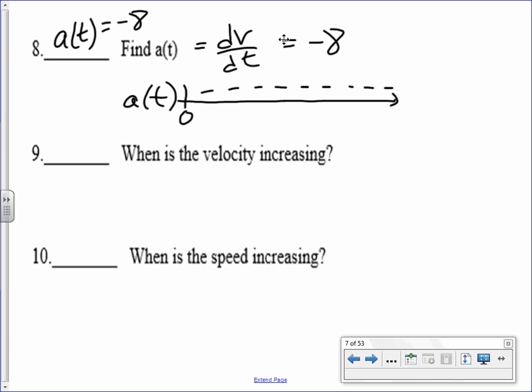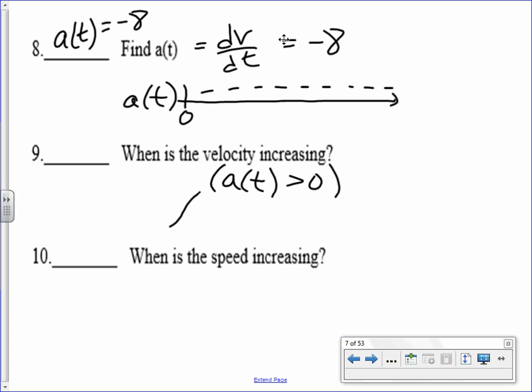So the next question says, when is velocity increasing? Any function increases when its derivative is positive. The derivative of velocity is acceleration. So I have to interpret this as them saying velocity is increasing, going up, when its slope, its derivative, is positive. If I look at the sign chart for acceleration, I see it's always negative.